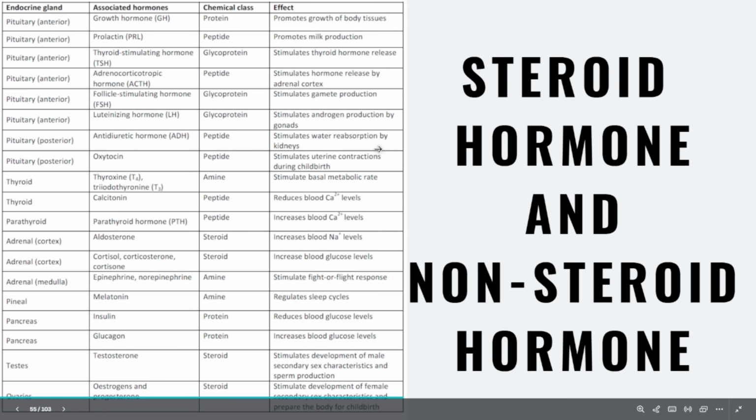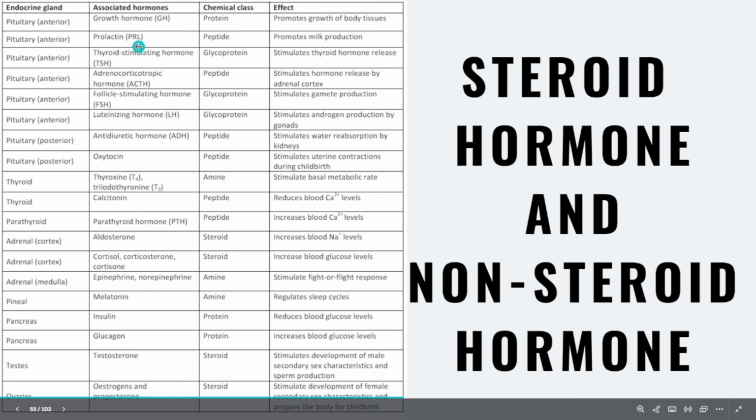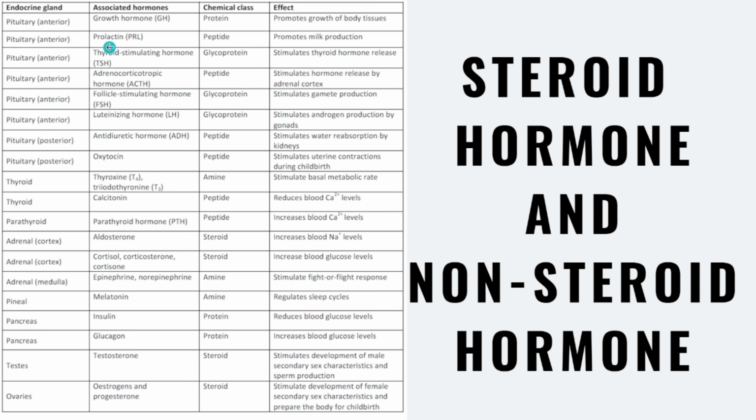As I mentioned, hormones are classified into steroid and non-steroid. You need to know that prolactin is a non-steroid, a peptide hormone. Other than steroid hormones, all are non-steroid.